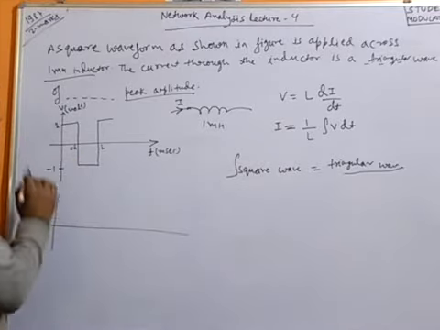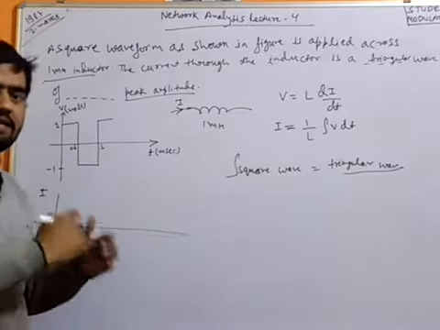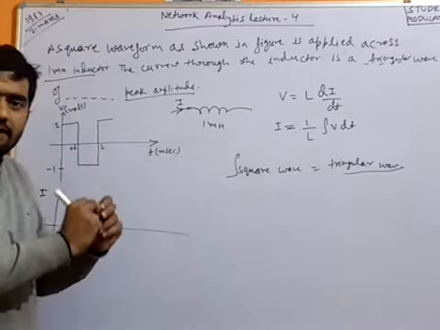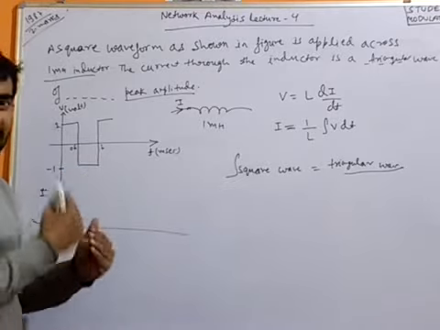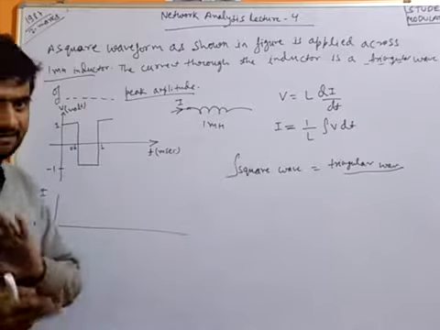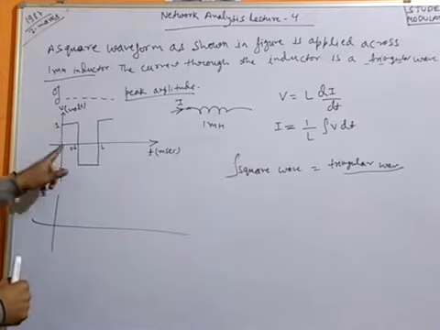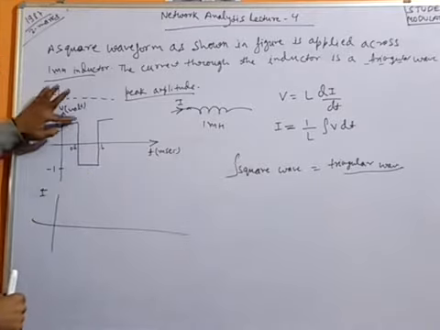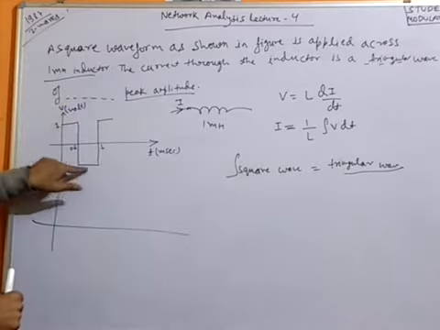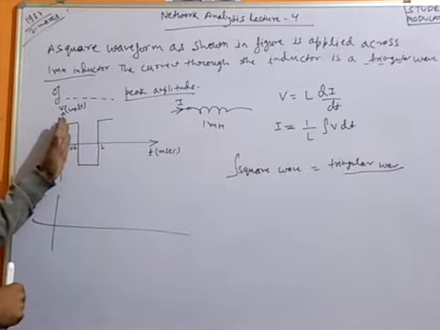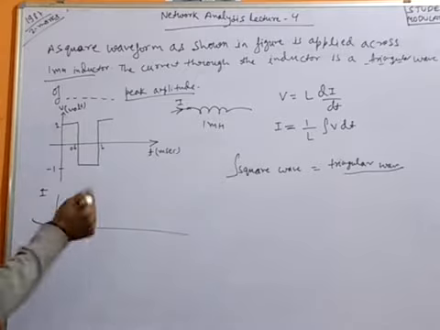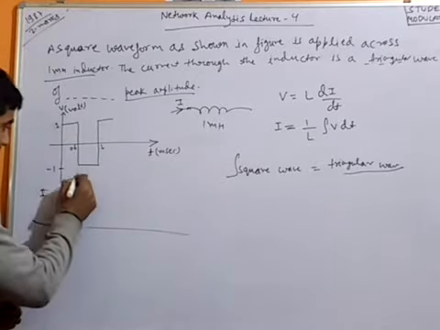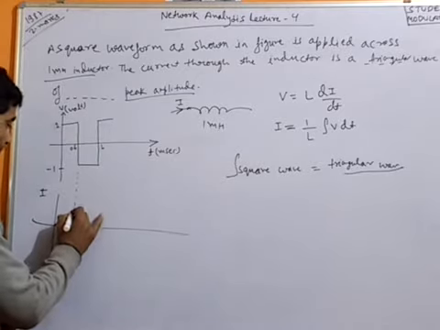Integration, we all know, is the summation of individual values at individual points, so all these values will be added. Up to 0.5 the voltage is positive, and after that the voltage is negative. So up to 0.5 the current will be increasing, because its integration is increasing.